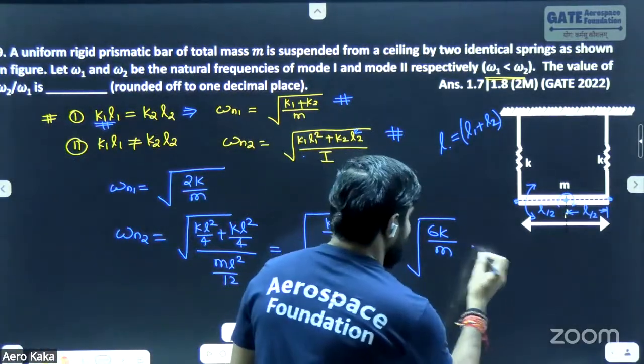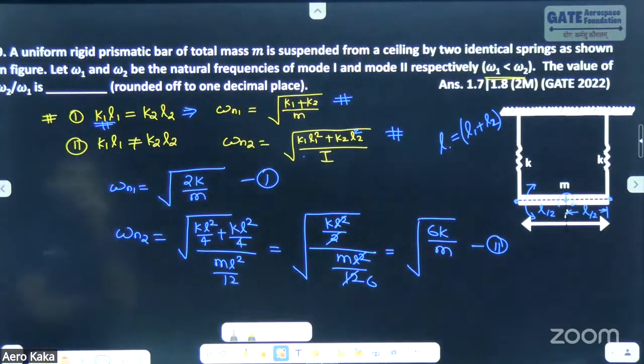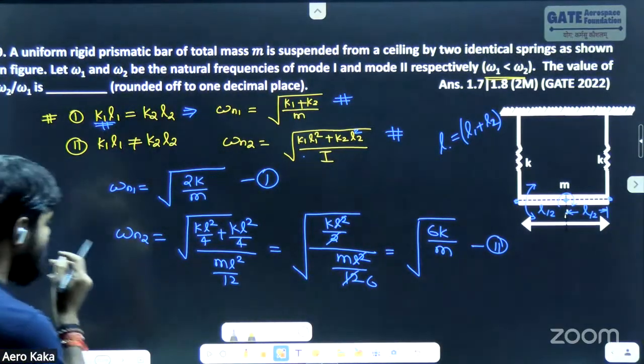Now, this is nothing but equation number 2, and this is nothing but equation number 1. The value of omega 2 by omega 1 is going to be what?